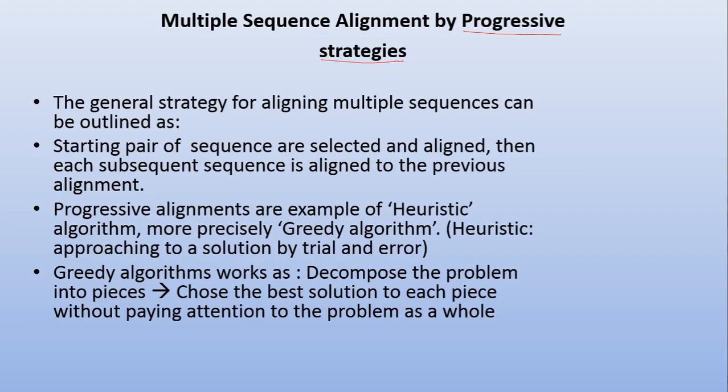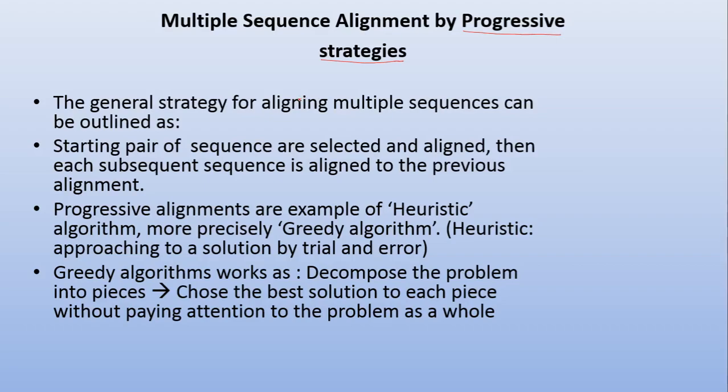In progressive strategies, we start out with a pair of sequences. That is, we select a pair of sequences and align the two.